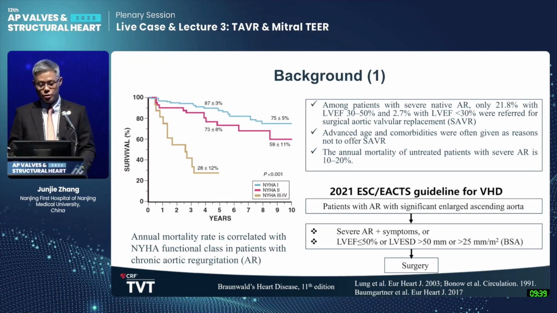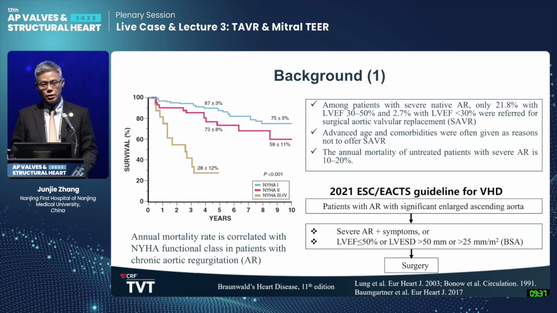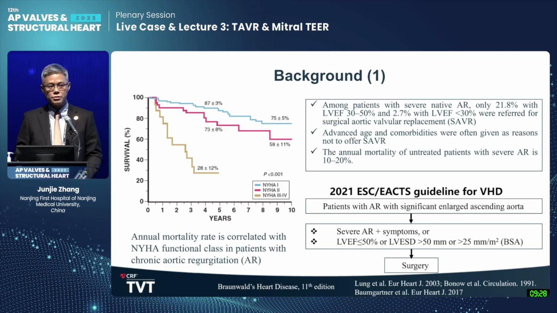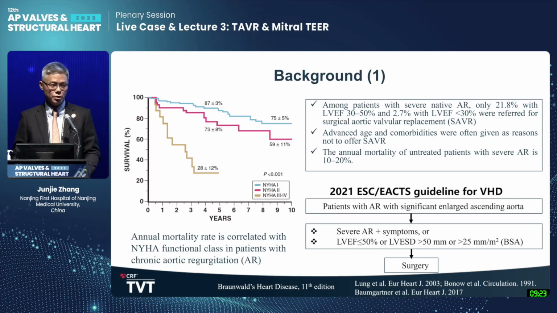Aortic regurgitation is the second most common valvular heart disease, according to the national survey across China. Among patients with aortic regurgitation, the current guidelines still recommend surgical valve replacement as the gold standard treatment.